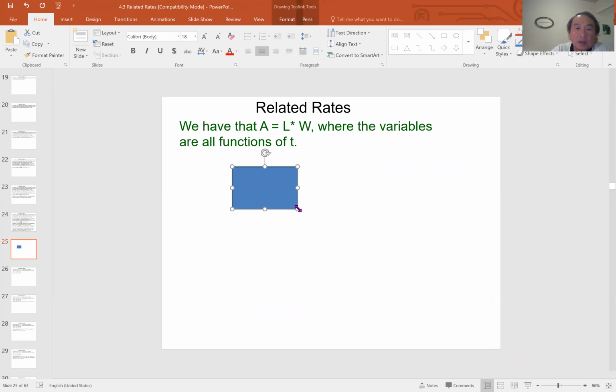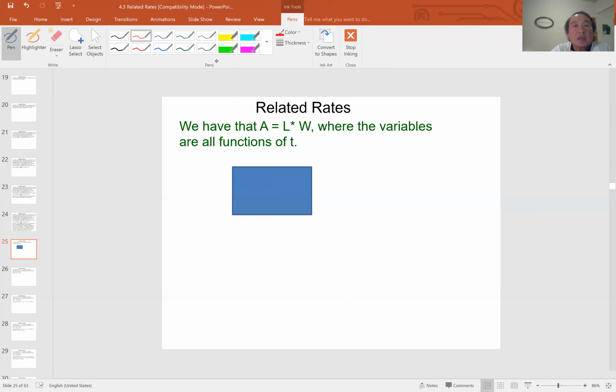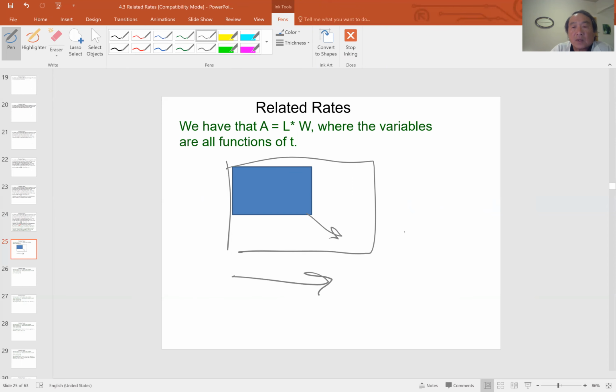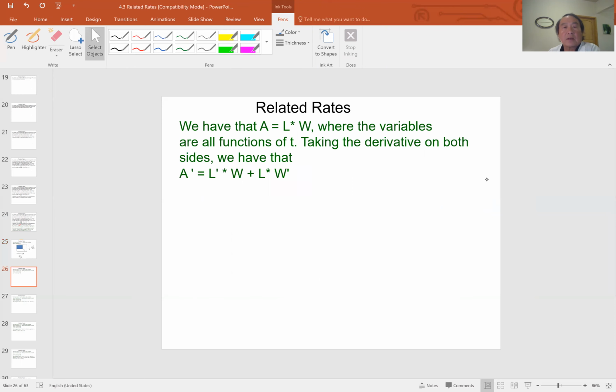At that instant, the length and the width are growing, expanding, and becoming bigger, and dL/dt and dW/dt are given. Okay, so I want to find out what is dA/dt.